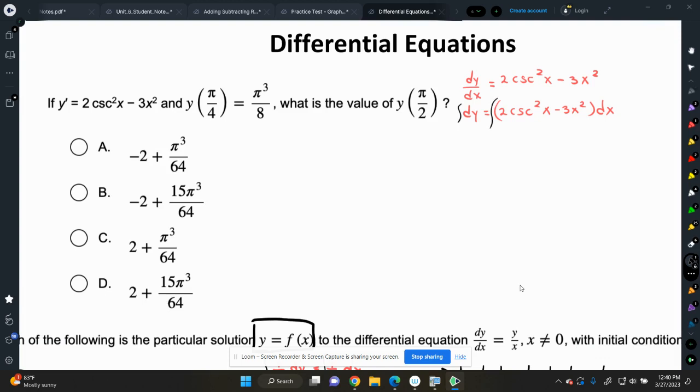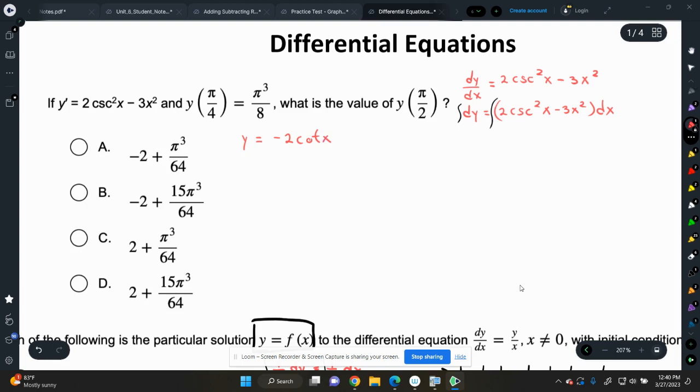No, we don't have to do that. You don't have to separate a polynomial. You can, but you don't have to. And since it's all in terms of x, we can leave it over there. So we're going to get y equals, all right, what's the integral of cosecant squared? Look at you guys. Good job. So this is going to be negative 2 cotangent x.